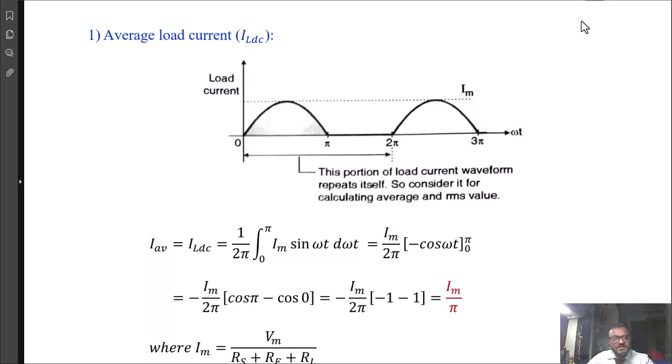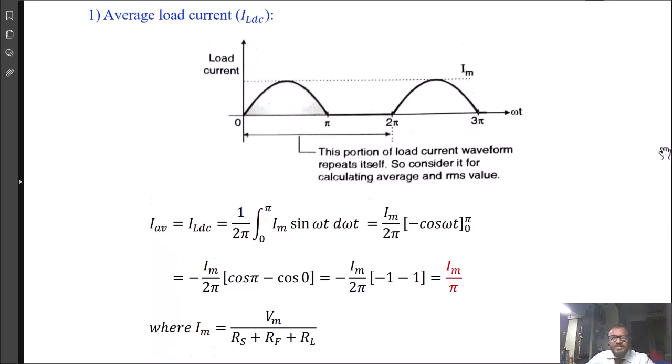The first parameter is the average load current ILDC. Here, for the sake of simplicity, I have reproduced the load current waveform. The load current flows from the half cycle 0 to pi, and from pi to 2 pi it is 0.